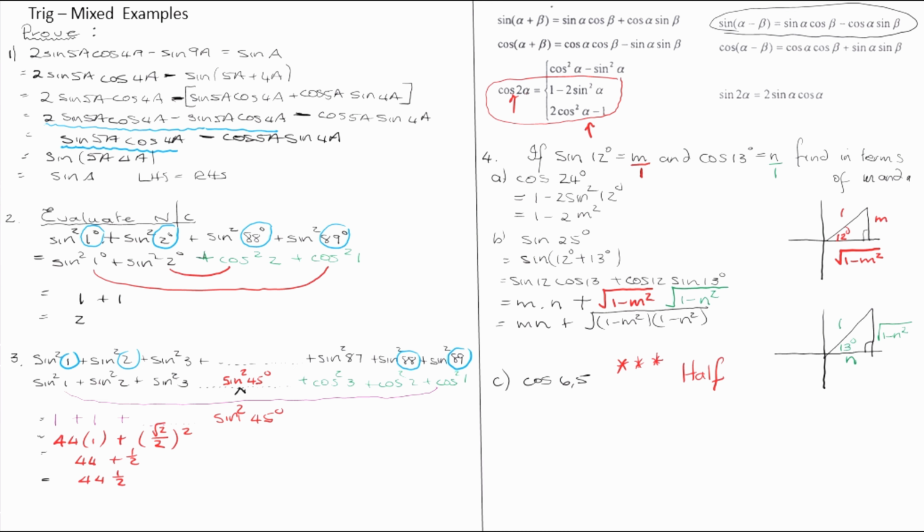Right, so we're going to say cos of 13 is equal to 2 cos squared of 6.5 minus 1. Right, and cos of 13 is n, and I'm going to move the 1, so it's going to be n plus 1 is 2 cos squared of 6.5.